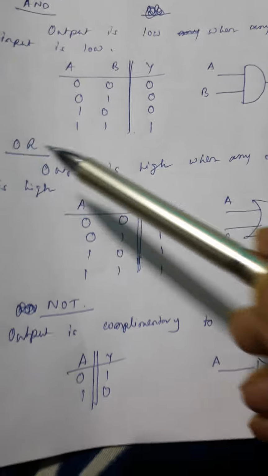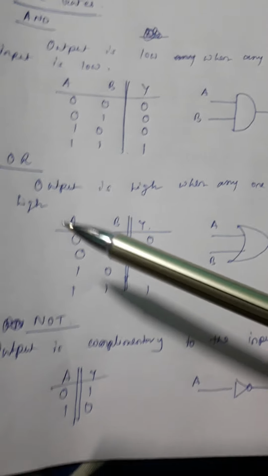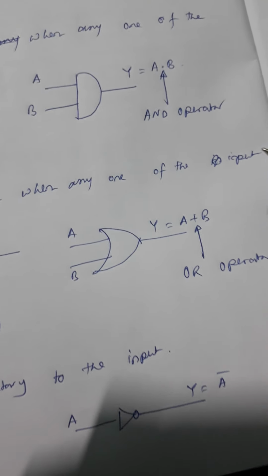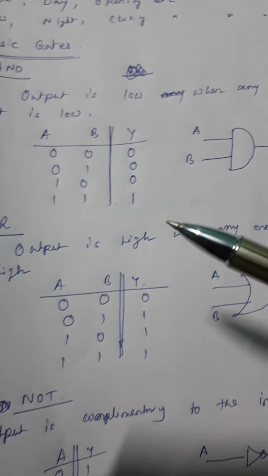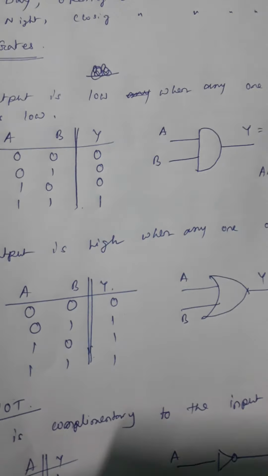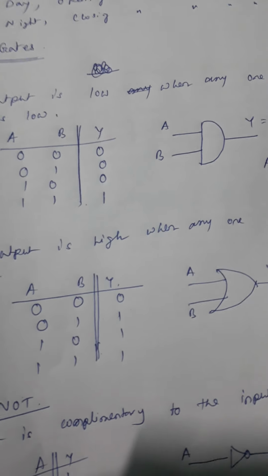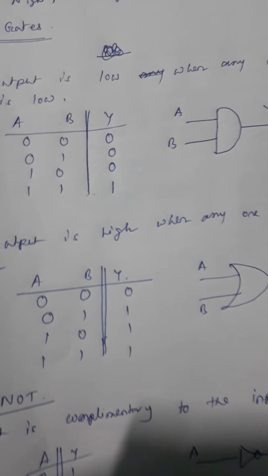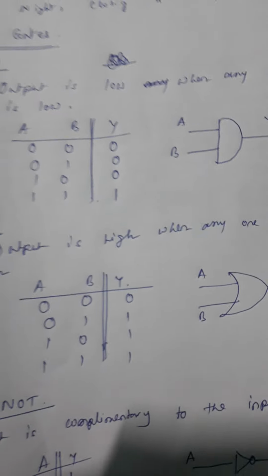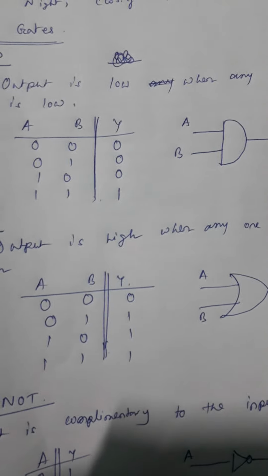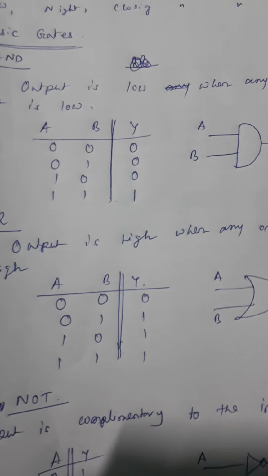Now let's talk about OR logic. In case of OR logic, if one input is high, then the output will be high. If one OR gate has 10 inputs and among them only one input is high, then also the output will be high.